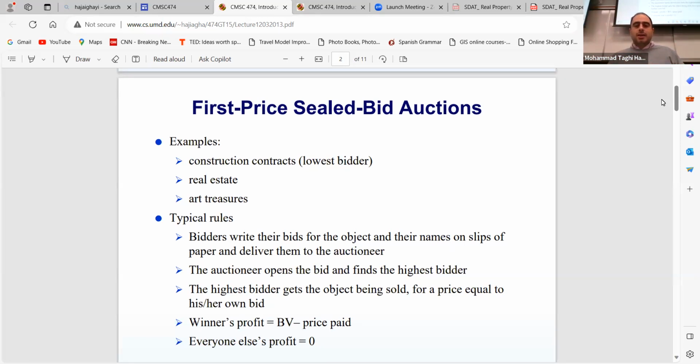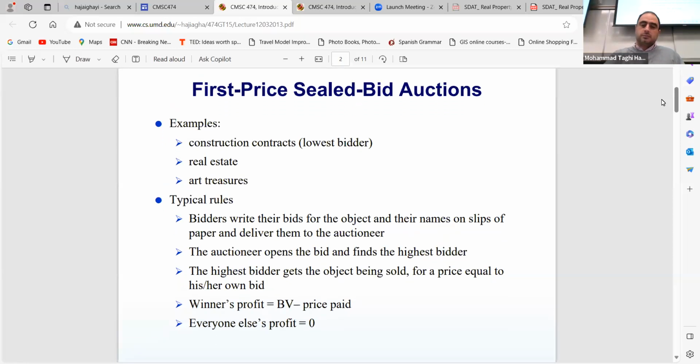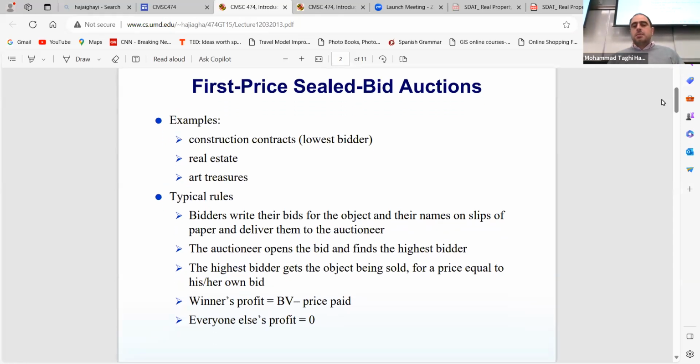So now let's go to the first price sealed bid auctions. What are the examples? Construction contracts, where we are generally talking about the lowest bidder, but these are the same type of things. Real estate, if you want to sell a house, or art treasures. The typical rule would be this: bidders write their bids for the object and their names on slips of paper and deliver them to the auctioneer.